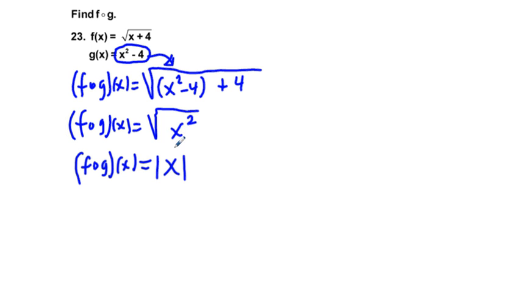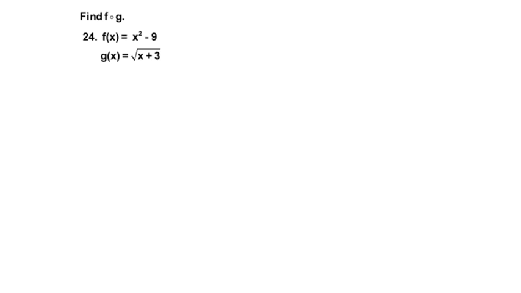So f of g of x is equal to the absolute value of x. Whatever x is, we've got to make it positive, and then we'll go through the paces. So that'll be our answer for 23.